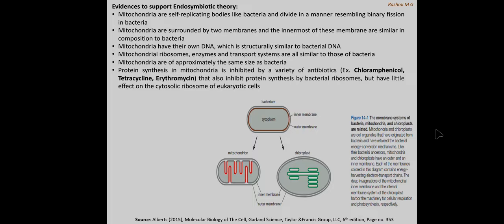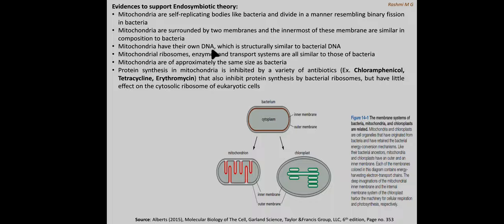The evidences which support this endosymbiotic theory are: mitochondria are self-replicating bodies like bacteria and divide in a manner resembling binary fission in bacteria. Mitochondria are surrounded by two membranes, outer and inner, and the innermost membrane is similar in composition to bacteria.